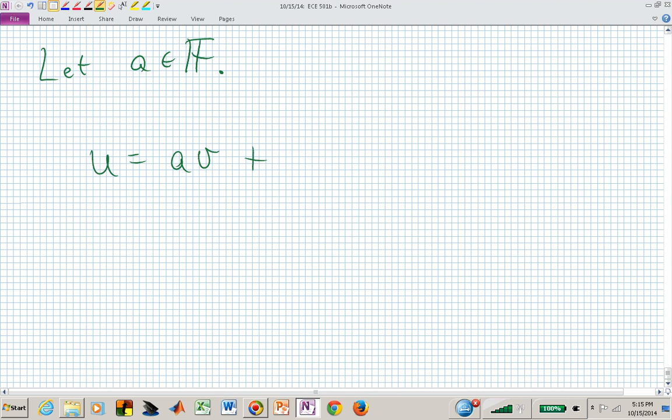But if u is on the left, u has to be on the right. Well, we can make u be on the right if we say this is u minus av. I haven't changed anything. I've just added 0, the 0 vector. But now I have a component of u that's in the direction of v, and I have a component that I hope is in the orthogonal direction.